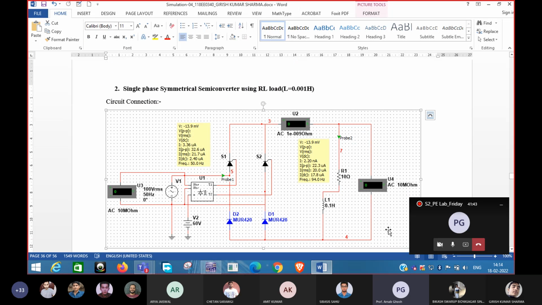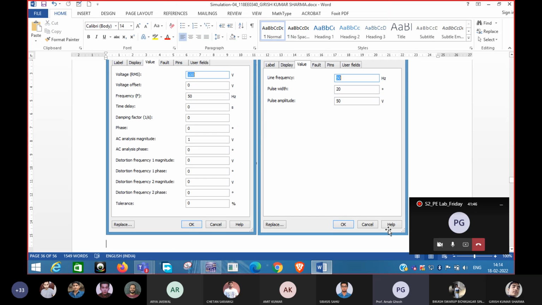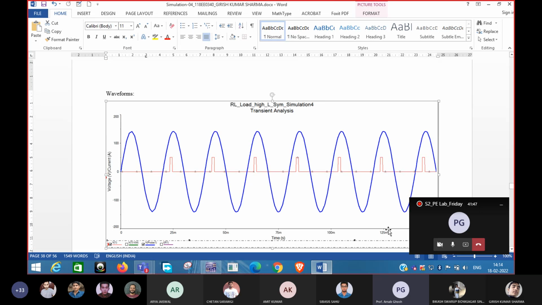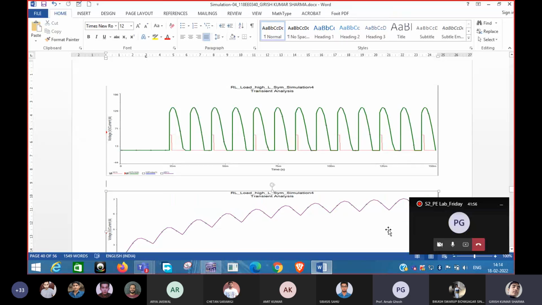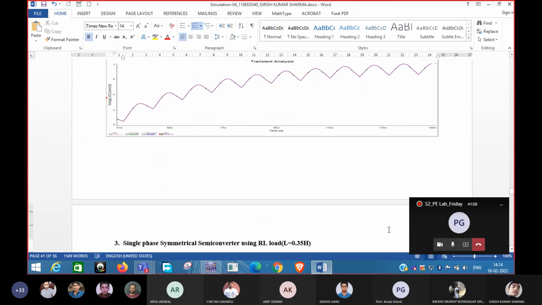You press that, and whatever response you get is automatically accommodated in the window. Same thing happens here. For the stable region, it will give the output. Like this one going toward steady state, if we take the auto range, it will give a stable output of the steady state.